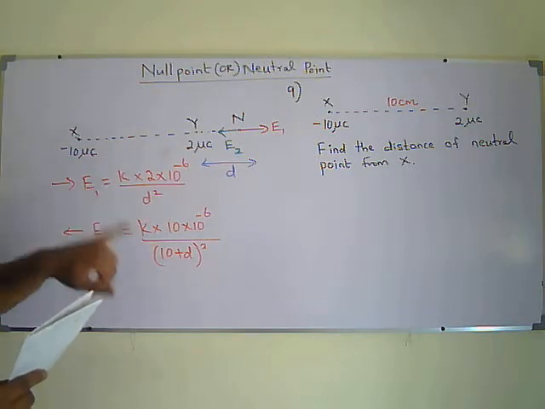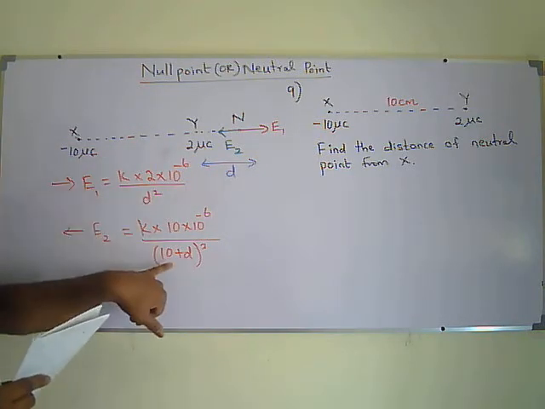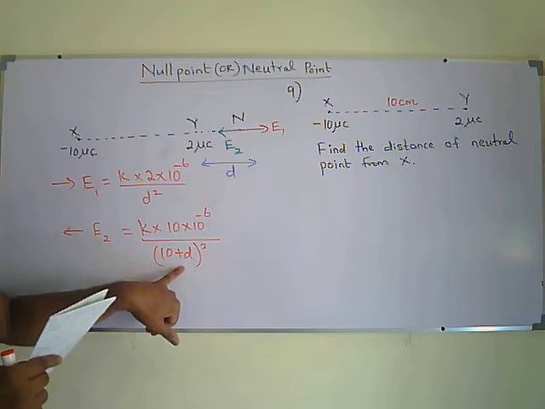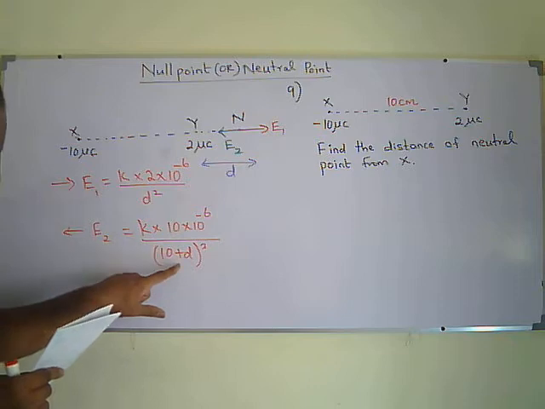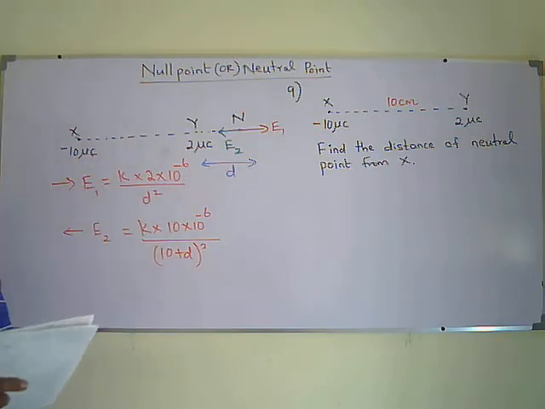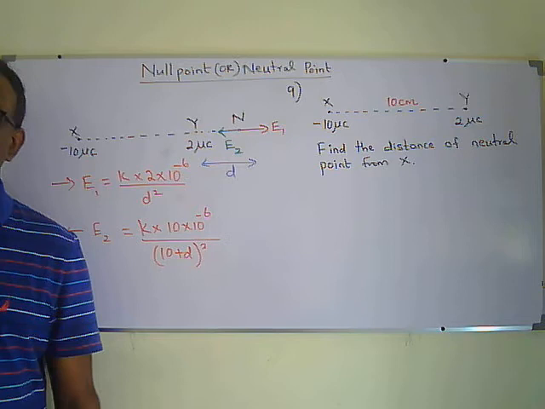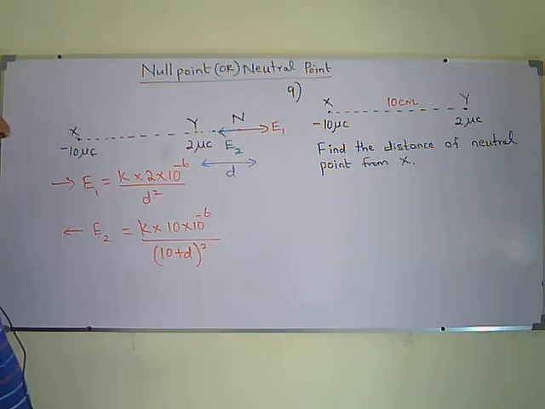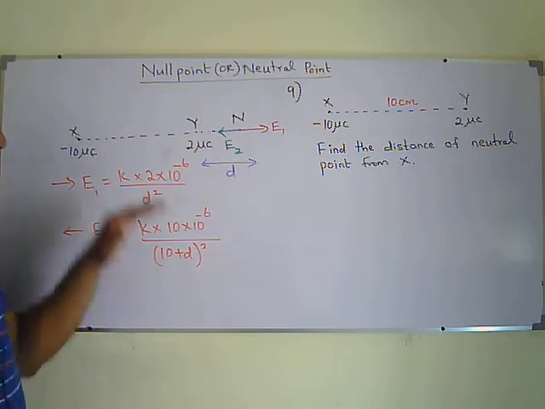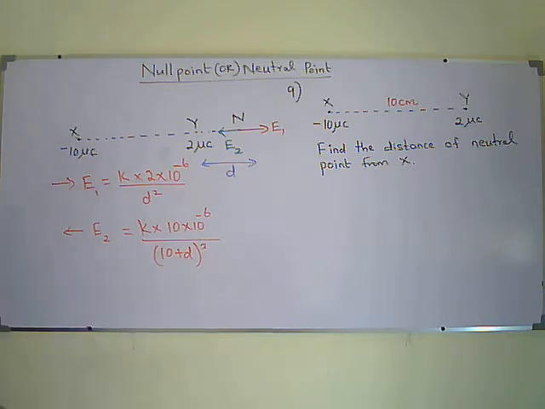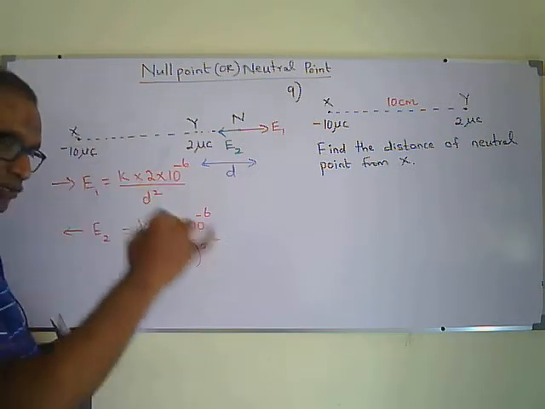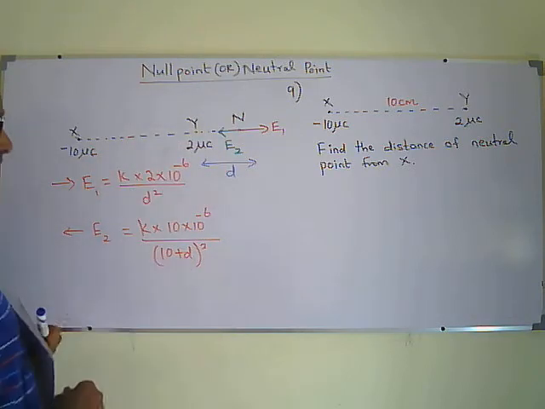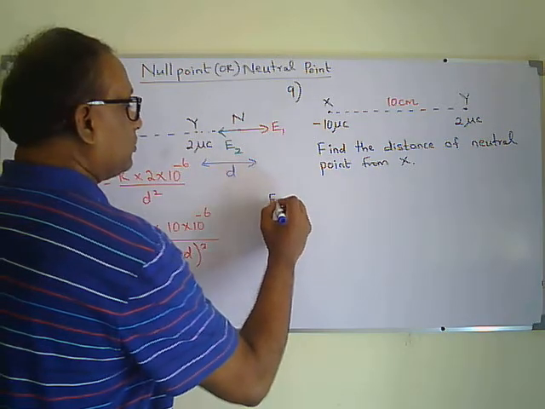But at the same time, the denominator, this is D, this is 10 plus D. So there's a possibility, because numerator is larger, denominator also larger, so they can cancel each other because they can have same magnitude, and certainly they'll cancel because they are in opposite direction. So if I equate these two, I'll get the numerical value for the distance D. It will be a neutral point, the only thing we need to find is the distance. So E1 will be equal to E2.